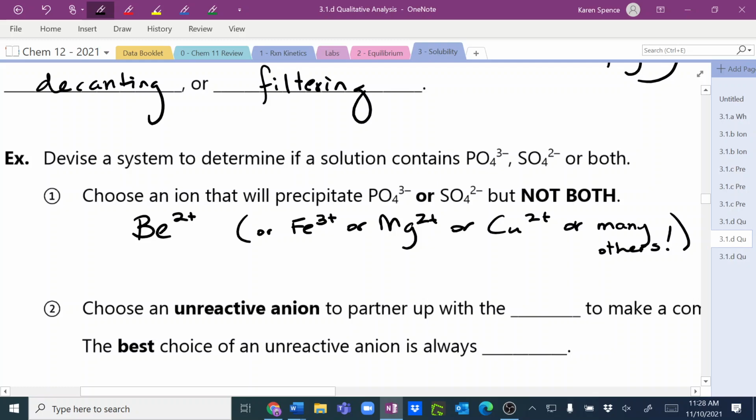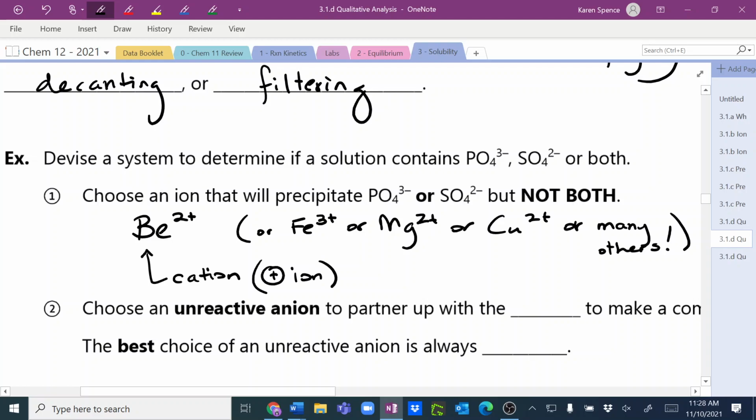Now we need to choose an unreactive anion because in this case we have beryllium 2+, which is a cation, and you cannot go to the back room and get a bottle of cations on their own. Remember, cations are what kind of ions? Positive ions.